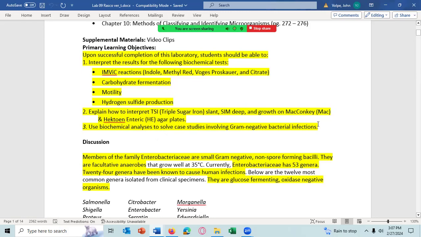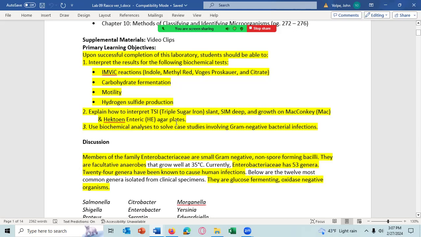MacConkey's is MAC abbreviation. All of these tests are tests that run more than one test at the same time. So you'll get multiple results. Triple sugar iron runs at least 3 tests, maybe 4. SIM runs 3 tests. MacConkey's runs 2 tests, and HE, I think, runs 3 tests.